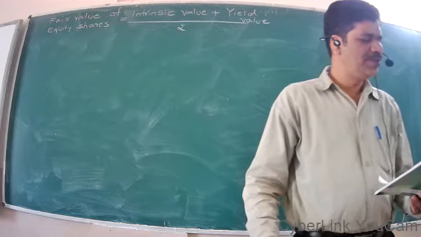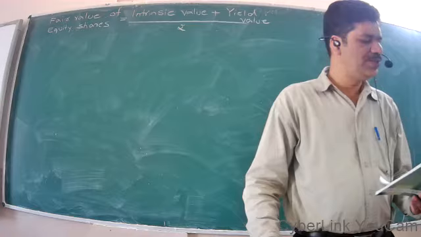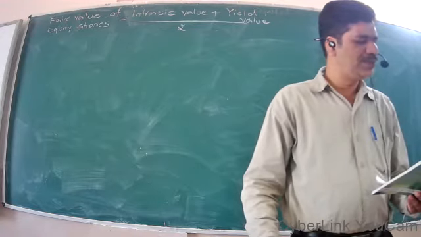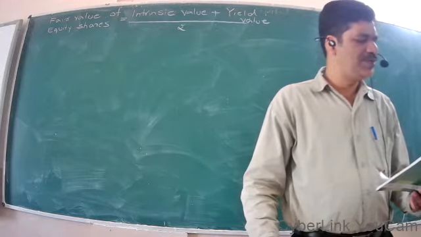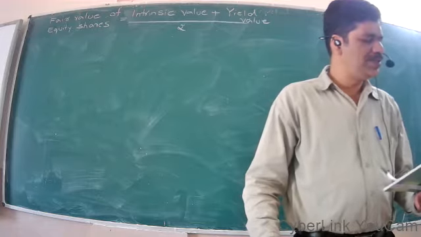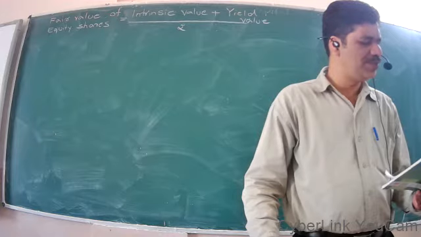Further information is given. Profits for the past 3 years were: 2011, 50,000; 2012, 65,000; 2013, 80,000. Apply 1, 2, 3 as weights for the weighted average. It is the policy of the company to transfer 20% of the profit to general reserve.